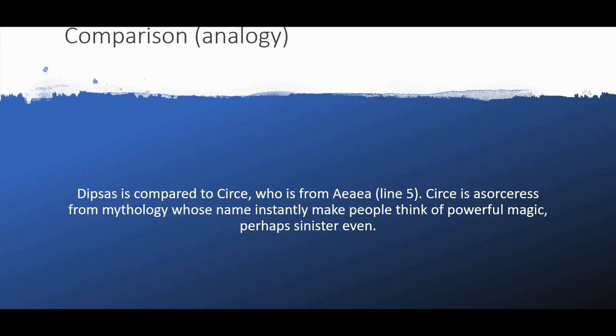I think she turned the men who visited her into pigs. They were eventually rescued, thankfully. And being a bit of an enchantress, someone who sort of puts other people under a spell.